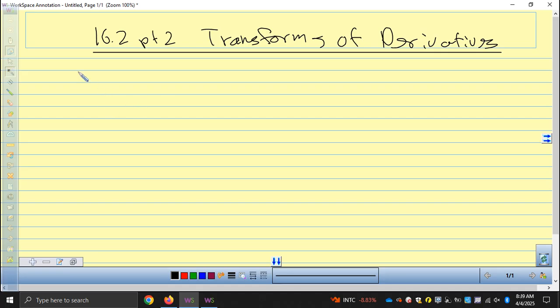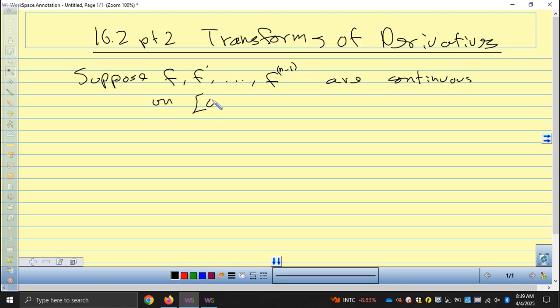So we're going to start, we're going to suppose that we have f prime, up to the n minus first derivative, and these are continuous on 0 to infinity.